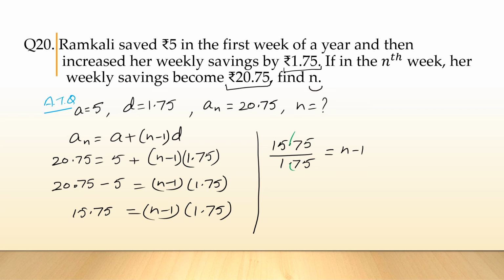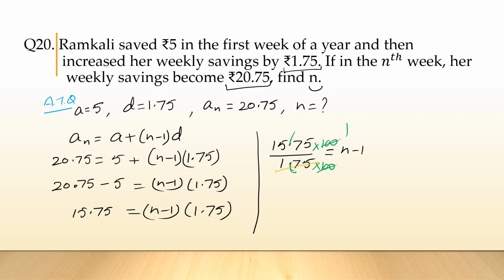If we remove this decimal we get 100 here, and if we remove this decimal we get 100 in the numerator, and both will be cancelled out. I am simplifying it by the table of 25.